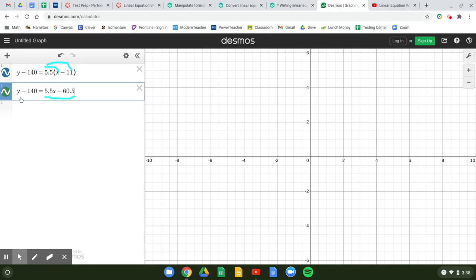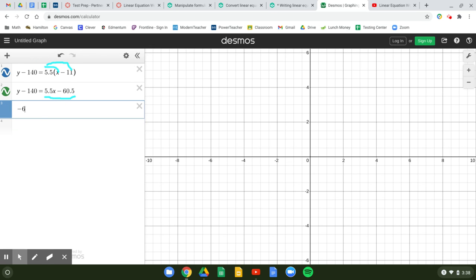So to get y by itself, I'm going to add 140 over. Obviously, he can't start as a negative weight. That would be weird. So I just need to do negative 60.5 plus 140. 79.5 was his starting weight. So if I add the 140 over, I would get negative 60.5 plus that 140.